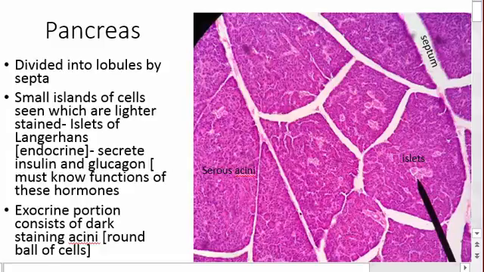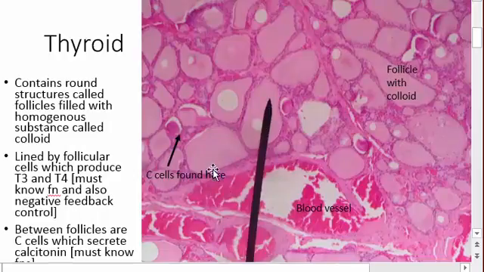The next gland we are going to look at is the thyroid. So here's the thyroid gland. And in the thyroid, the first and most typical thing that you see is these round structures which are known as follicles. These are lined by cuboidal epithelium, and inside each follicle is a pink homogeneous structure which is called the colloid.